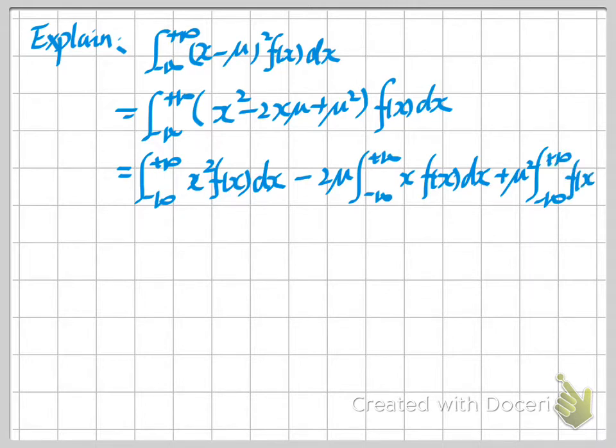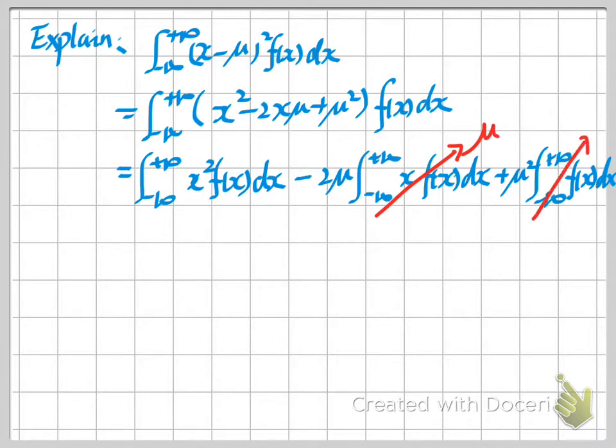Okay, so then if we compare this with the properties of probability and the definition of the mean of a continuous random variable, we will find the second term is actually equal to our mean. Here I denote this by mu.